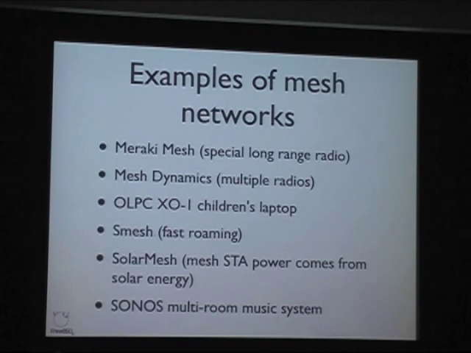Meraki has a special mesh product that's mainly for long-range applications, and Mesh Dynamics' main client, I think, is the USA government. They actually built a mesh network to be used by soldiers and tanks.